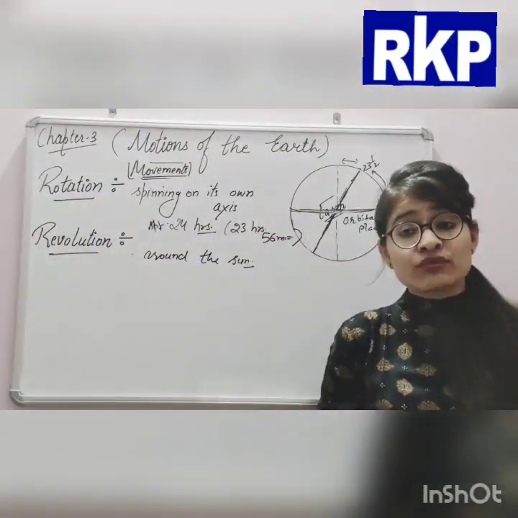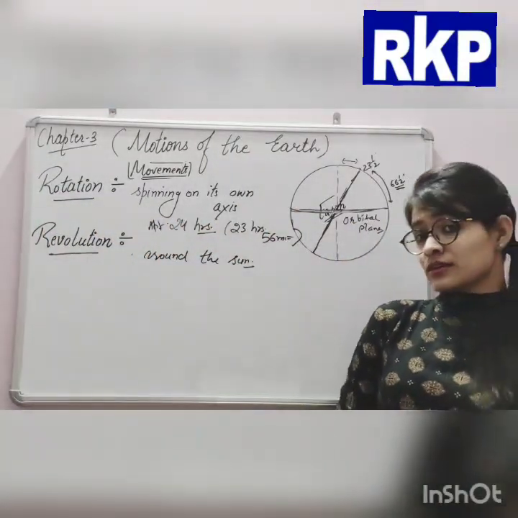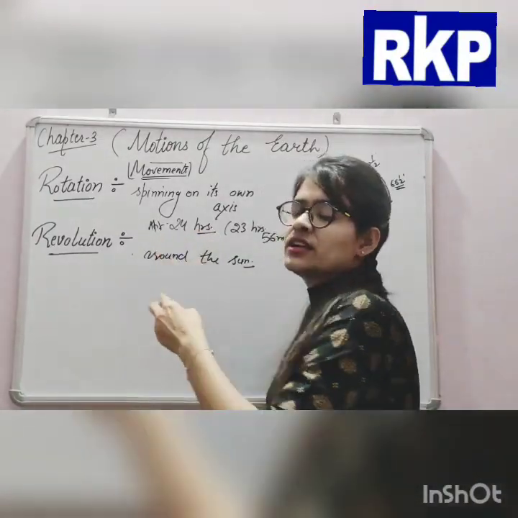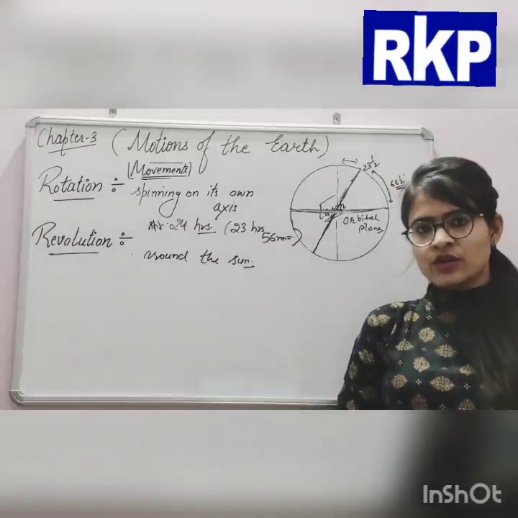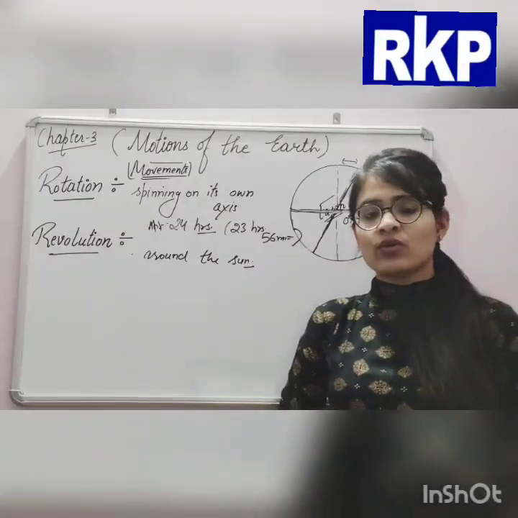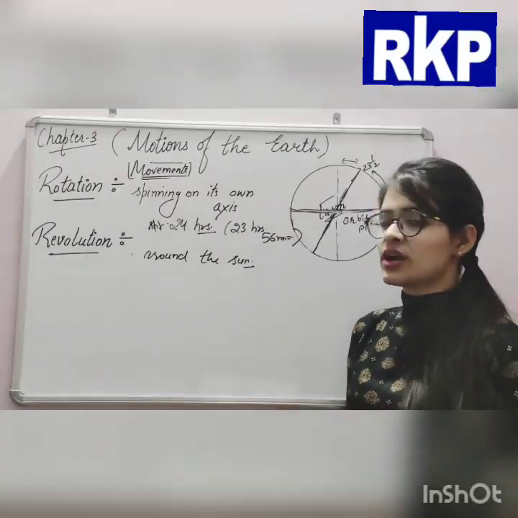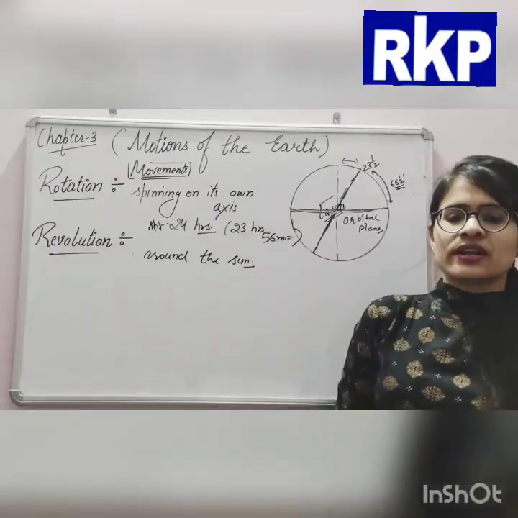The period of the rotation is known as the earth day. It means one day on the earth is of 24 hours. Clear?